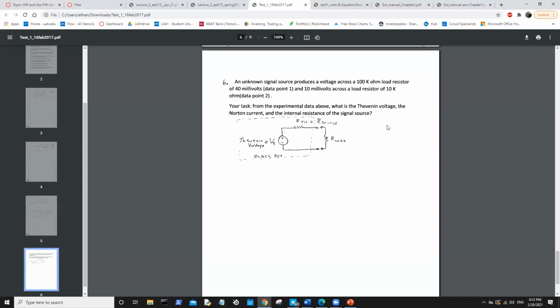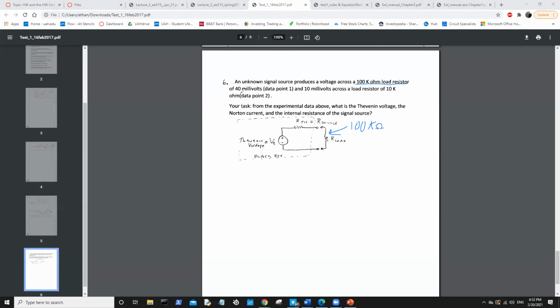So let's see what data we have available to us. We have an unknown signal source that produces a voltage across some load resistor. The load value we've been given is 100 kilo ohms.